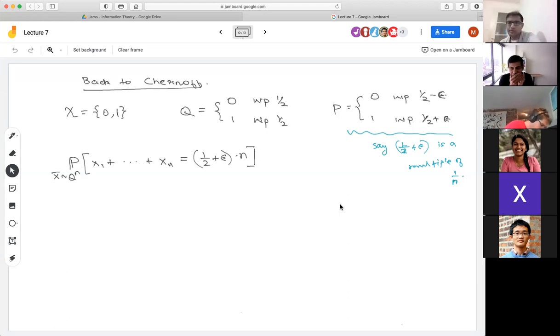Any suggestions now? And by the way, this assumption is also coming from here. Otherwise, the probability will be 0 because the number on the left is an integer. And so half plus epsilon better be a multiple of 1 over n. Otherwise, the right-hand side will not be an integer and the probability will be 0. So a sum of integers can only be equal to an integer. Okay. Anyone?